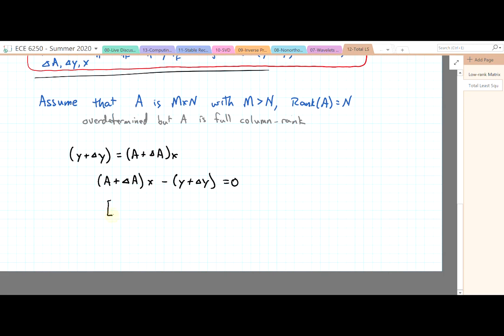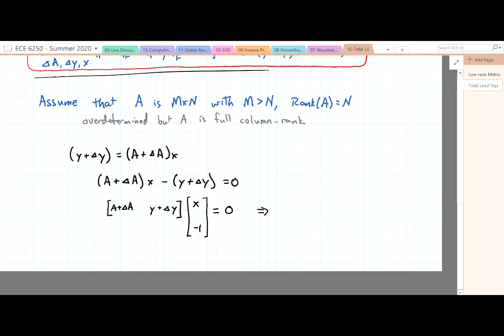But this will be a matrix where A plus delta A is the left side of this matrix, and the right side will be our column vector y plus delta y, and that's going to multiply our vector x, and then our last column will be multiplied by minus 1, and that's going to equal 0.